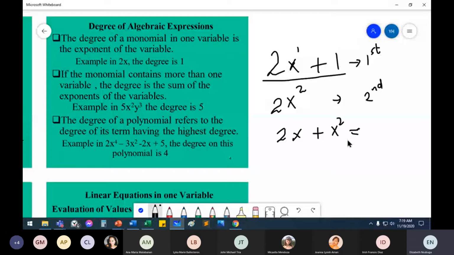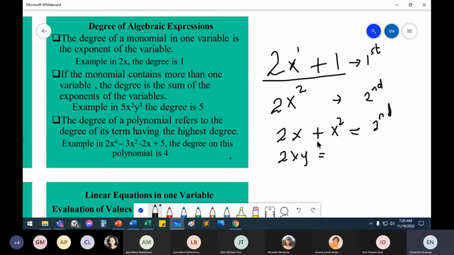Now we are going to be confused. What if I have 2xy, and they ask me what is the degree of this expression? In this case, there is no addition operation here, this is multiplication, and this is addition.